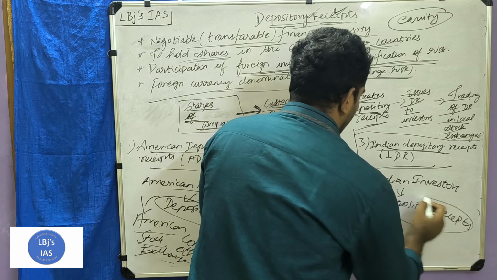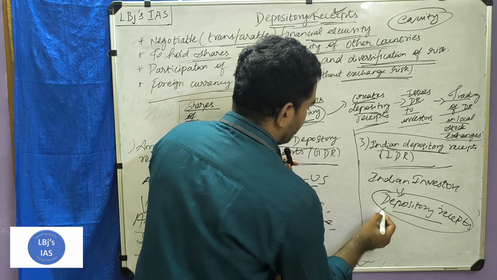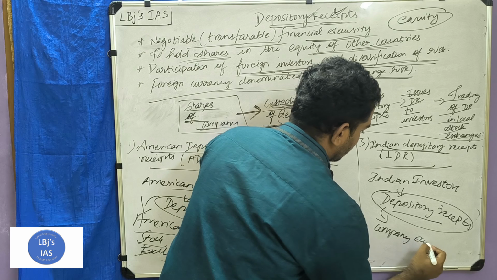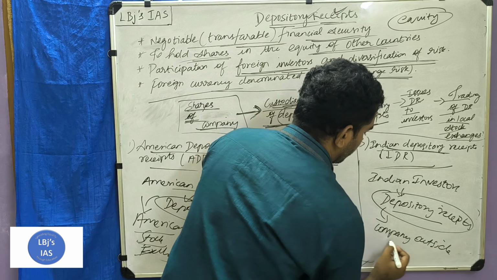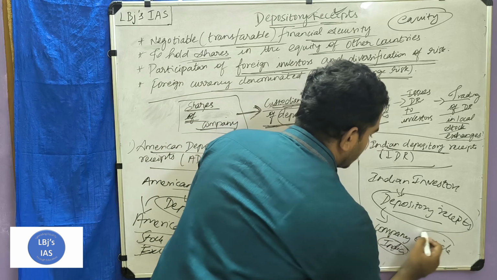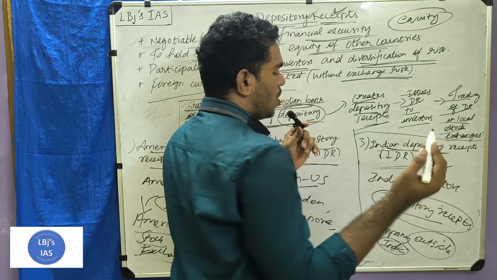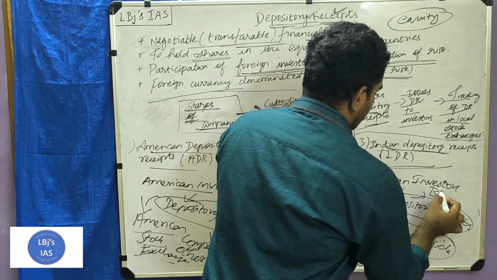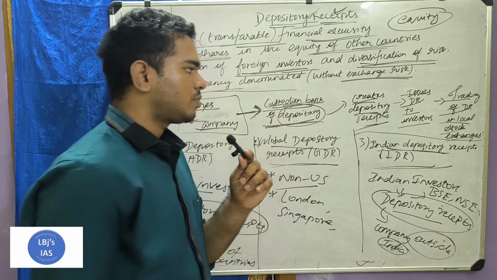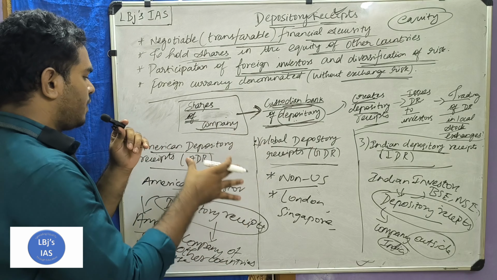These depository receipts will represent a company outside India, and they will be traded in the Indian stock exchanges such as Bombay Stock Exchange, National Stock Exchange, etc. So all the process is the same, only the country is different.